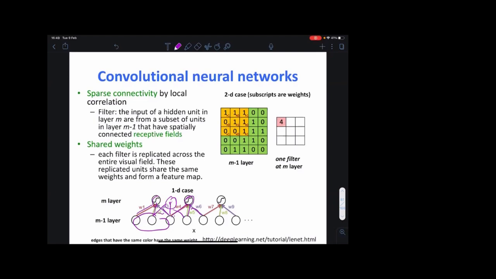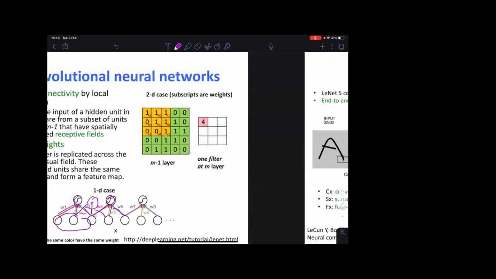So in other words, think about this as really nothing more than applying a filter with the same parameters. You could obviously apply different filters, therefore with different parameters.